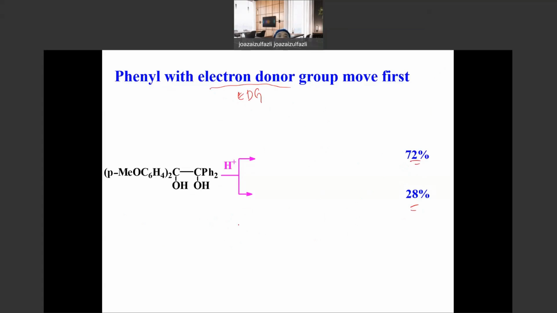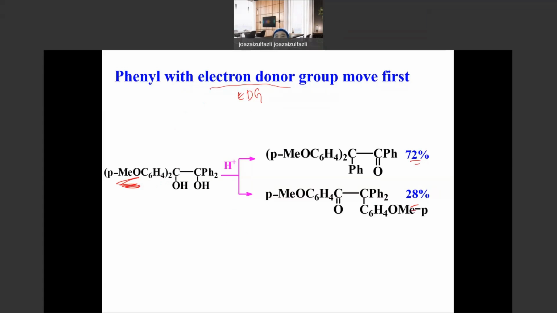So the major product involves the movement of this methoxybenzene, and this will be the minor product.